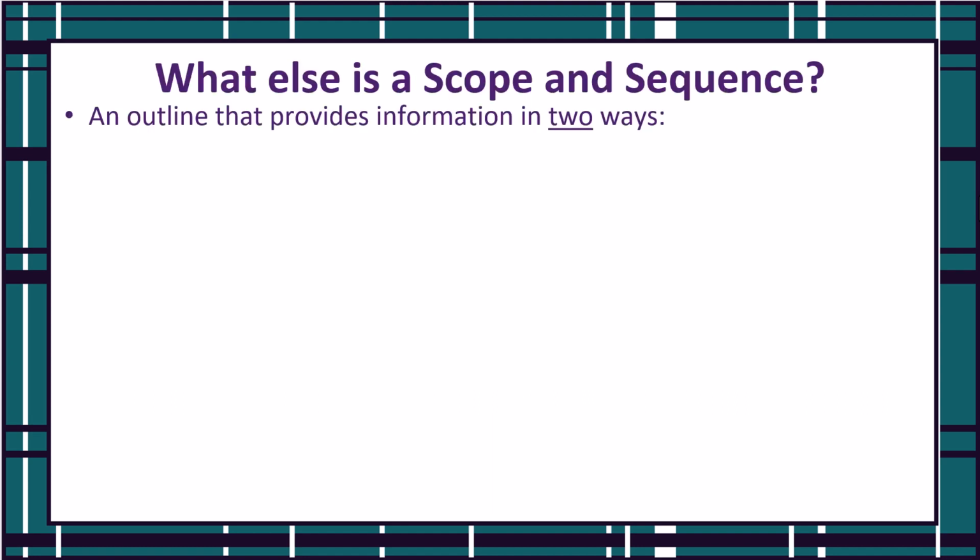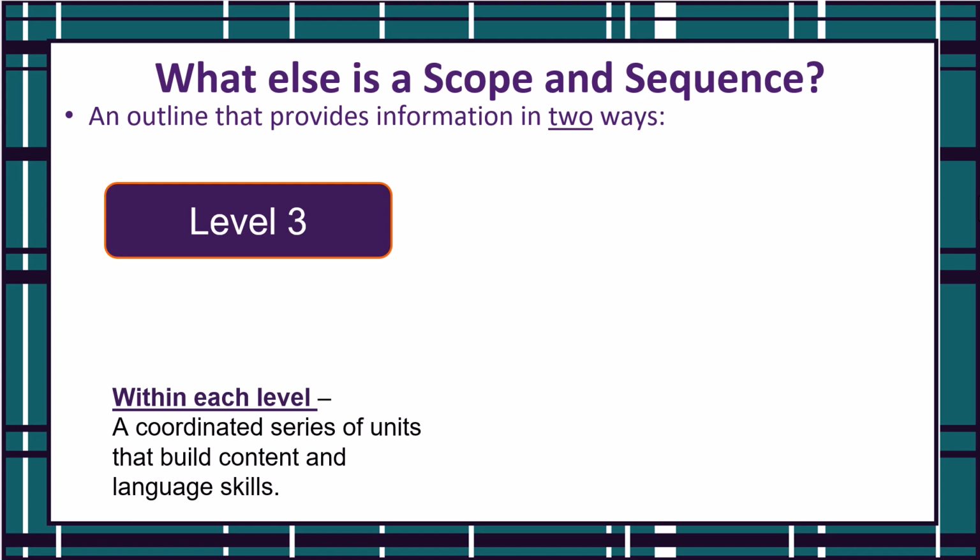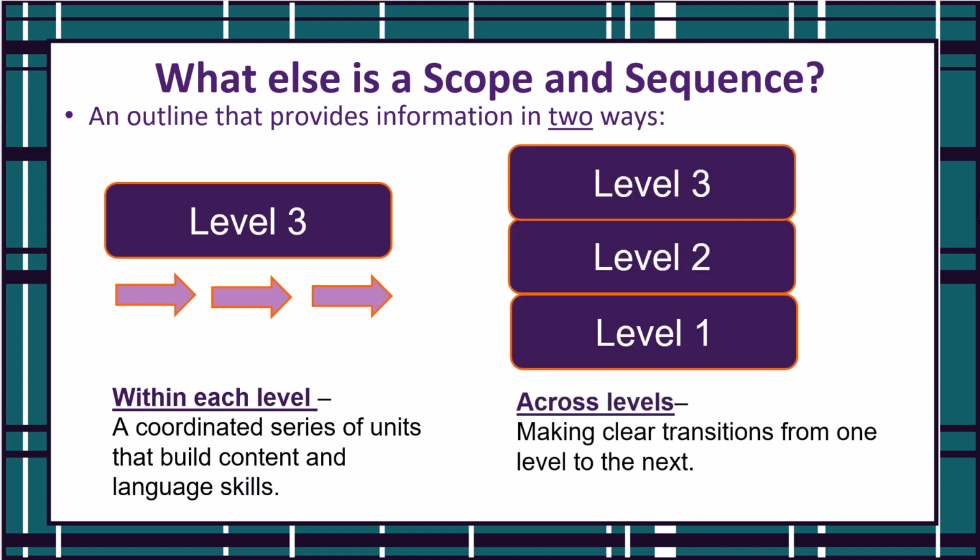A scope and sequence provides information in 2 directions, horizontally and vertically. Horizontally by level, it shows the progression of content, knowledge, and language skills as learners move through that level. And vertically across levels, it shows the progression and transition from one level to the next.